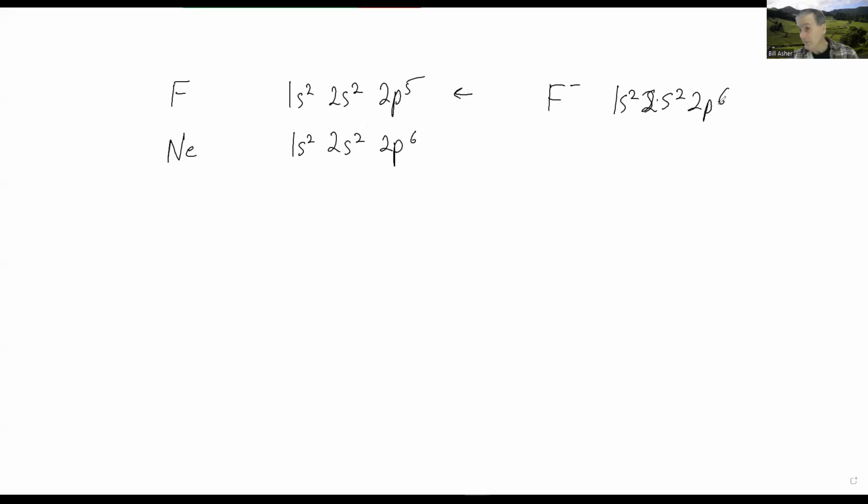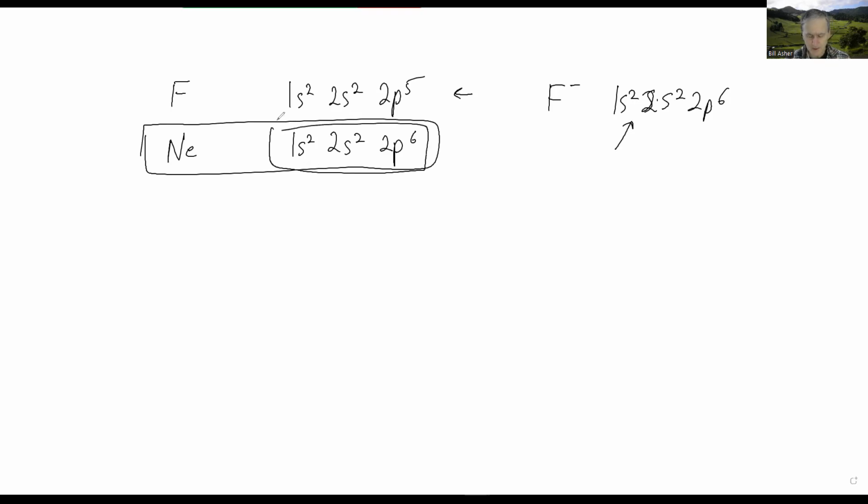Now, why do atoms want to do this? Well, it turns out that if you have this electronic structure of a noble gas, the electrons are completely spherically symmetric. And when that happens, they contract a little bit. You can see this in diagrams of atomic size, that the noble gases all have smaller atomic radii. Once you get to the spherical symmetry, it all contracts. They all pull together because they're happier for some reason.